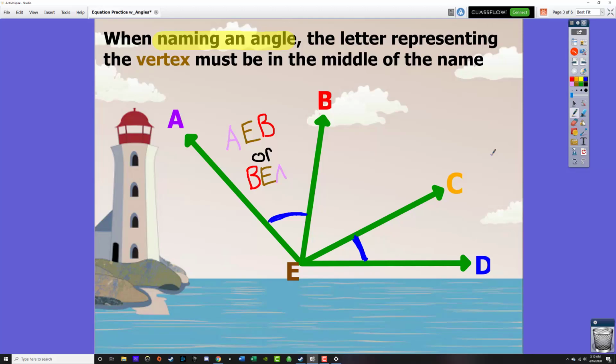Okay, I'm going to assume that you either tried it or the first example wasn't enough. So we have two options. We can start right here and label this as angle CED, or we can start down here with DEC.